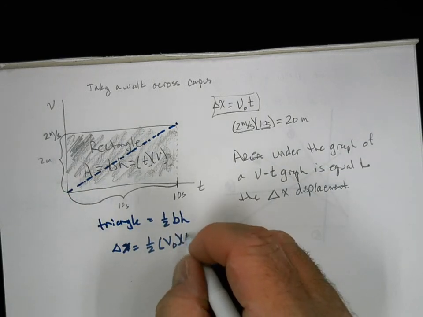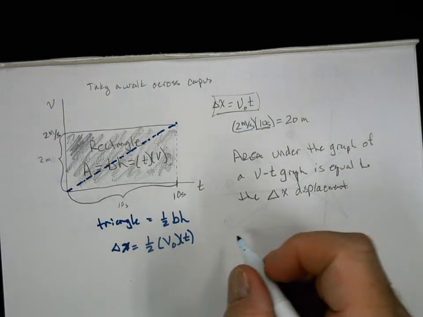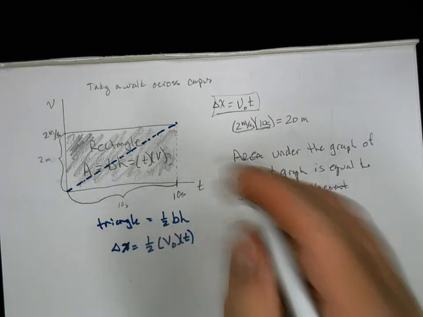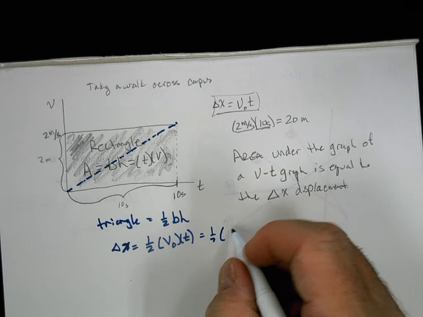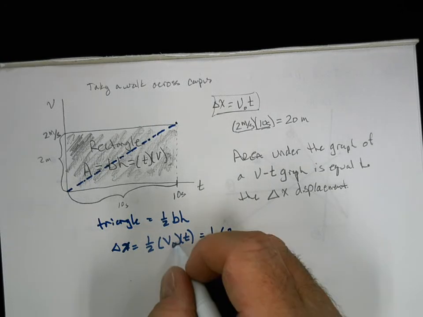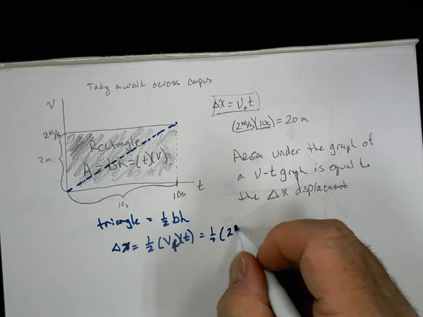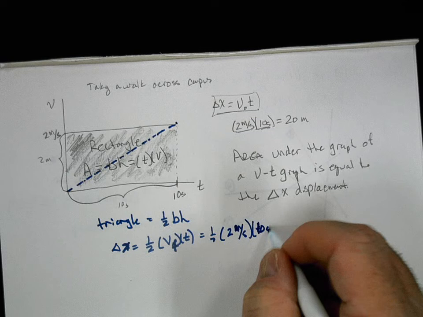In this case, it's going to be 1/2 times, I'm sorry, this is v final, 1/2 times 2 meters per second times 10 seconds, and that would end up being 10 meters.